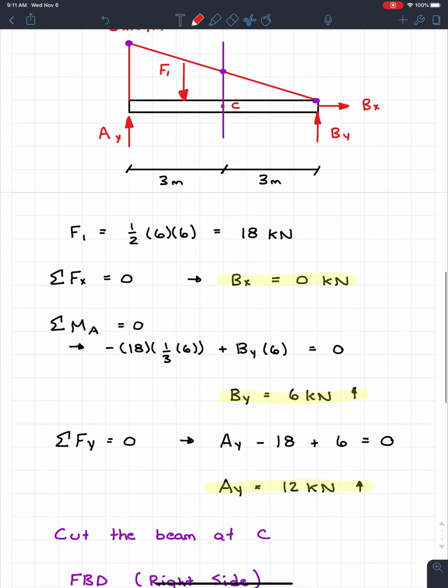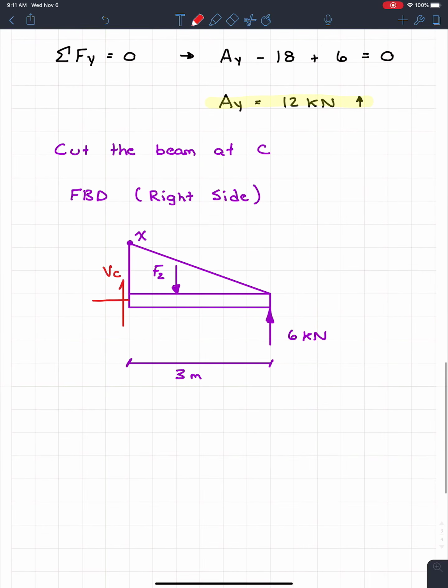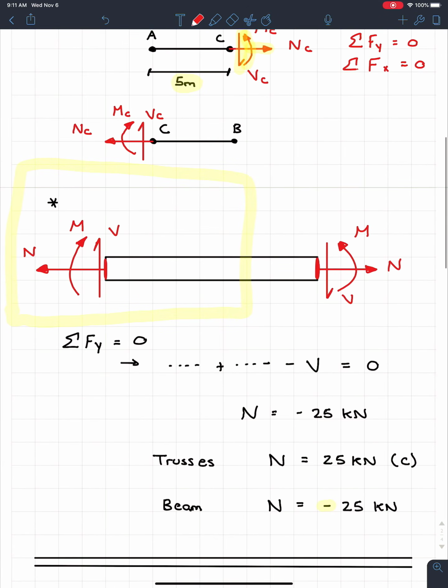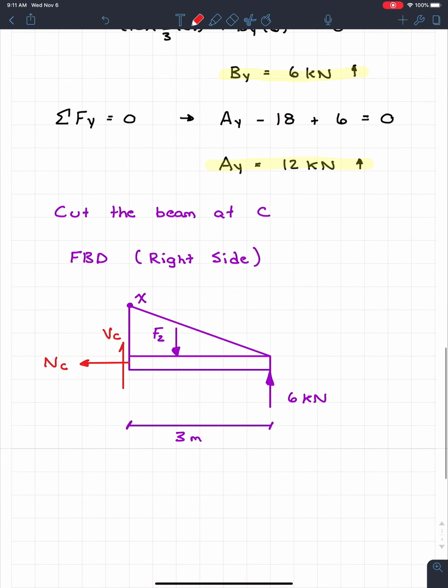So we come down here, and our normal force is going to come out like this. So NC. And then finally we go up here and we have a moment. The arrow is always pointed towards the top of the beam. So we can come down here, draw our little arrow towards the top of the beam, and put MC. So this right here is perfect.